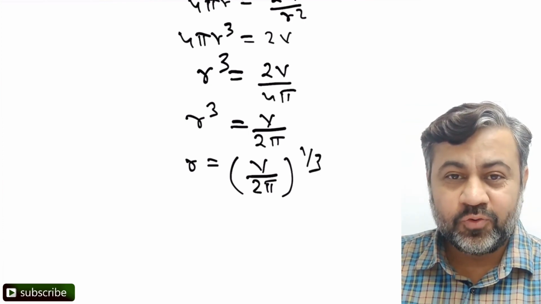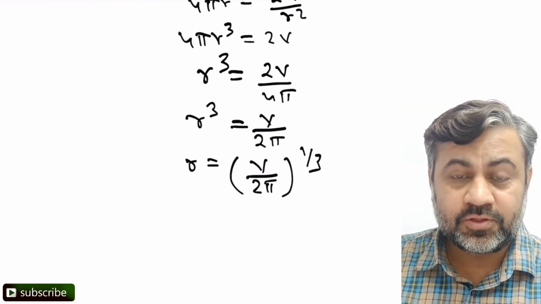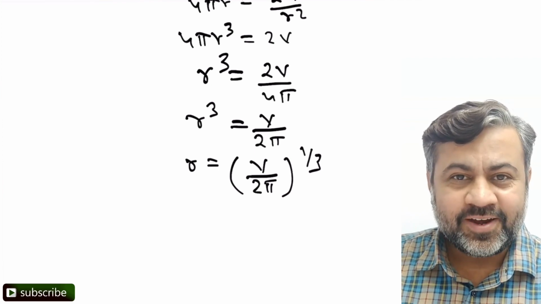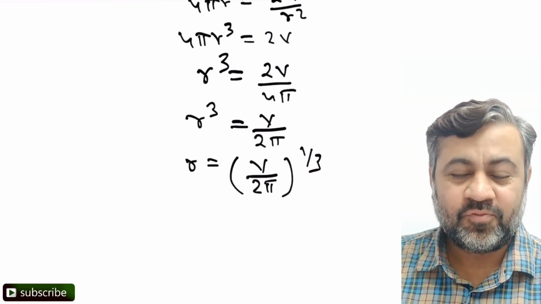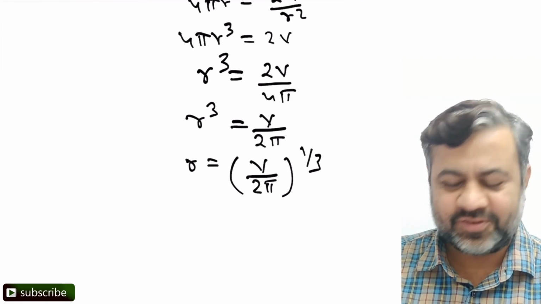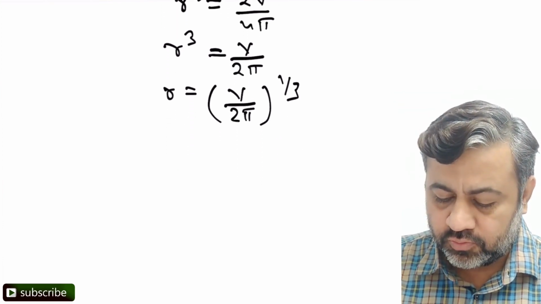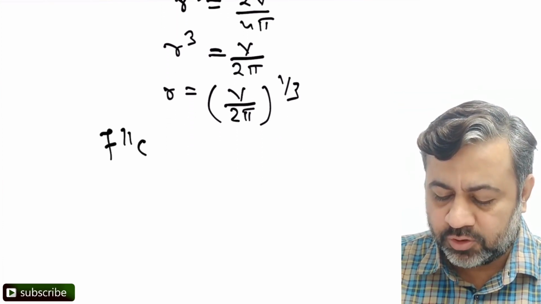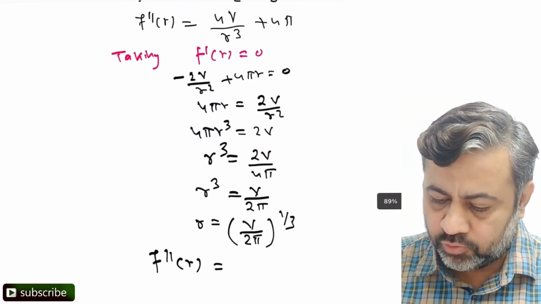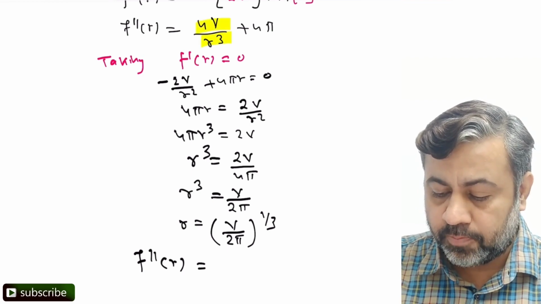Now step number 5, that is substituting this value in the double derivative. If the value comes out to be negative, it is a maximum. If the value comes out to be positive, it is a minimum. That is the least surface area we will get, right? So observe what I am doing further. We write f double dash of r that we found. What is f double dash of r? We found it to be 4v by r cube plus 4 pi.